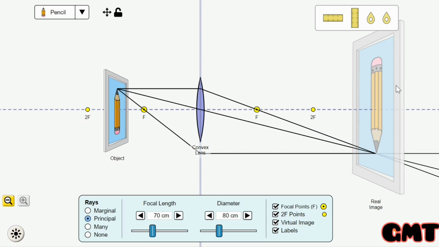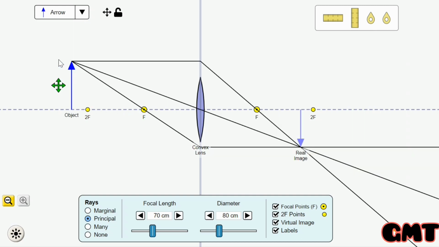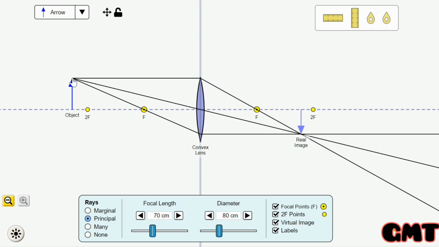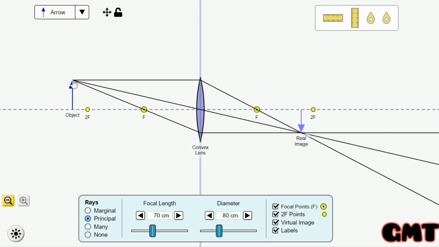As we see, the image is magnified. When the object is between f and 2f, the image is real because it is inverted and beyond 2f. So let's use an arrow to specify directly, so that we can look at how to measure the object distance.